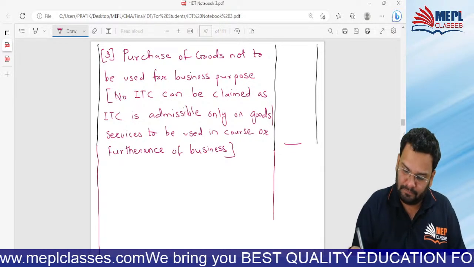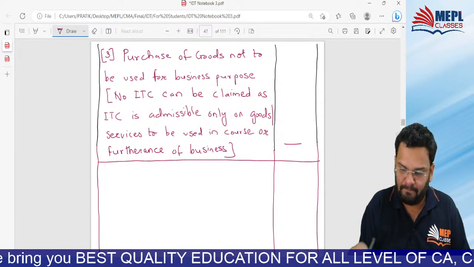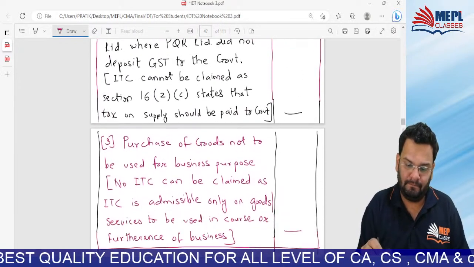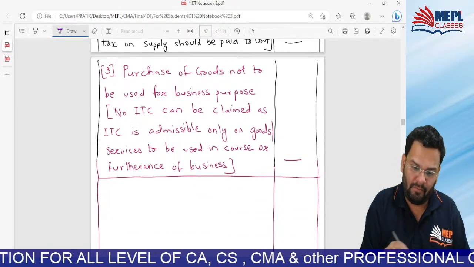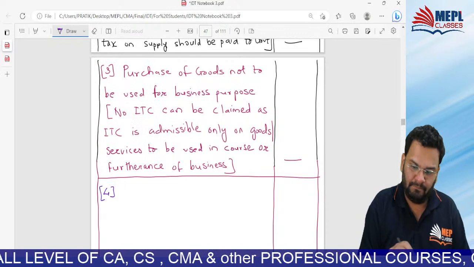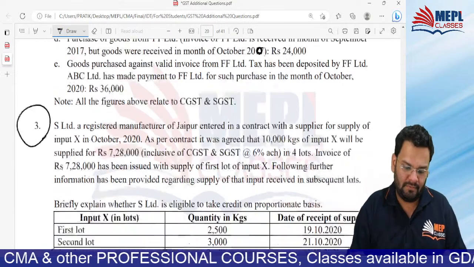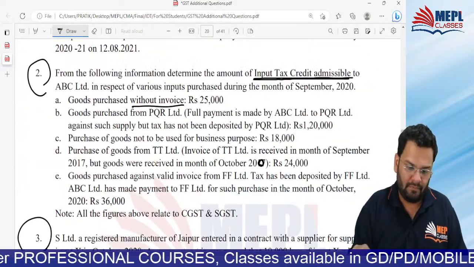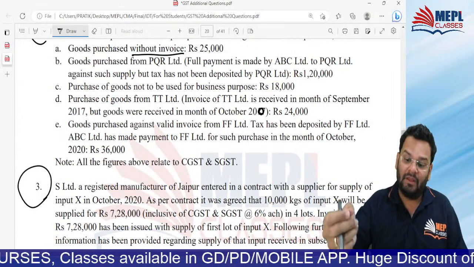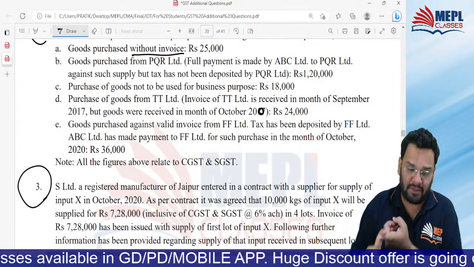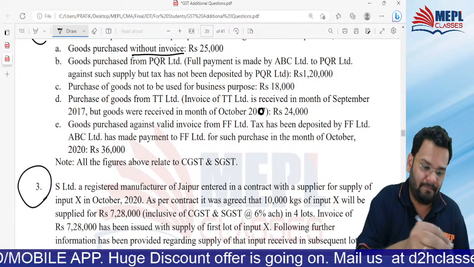Fourth point. What is the fourth point? Fourth point is purchase of goods from TT Limited. Invoice of TT Limited is received in September, but goods were received in the month of October.